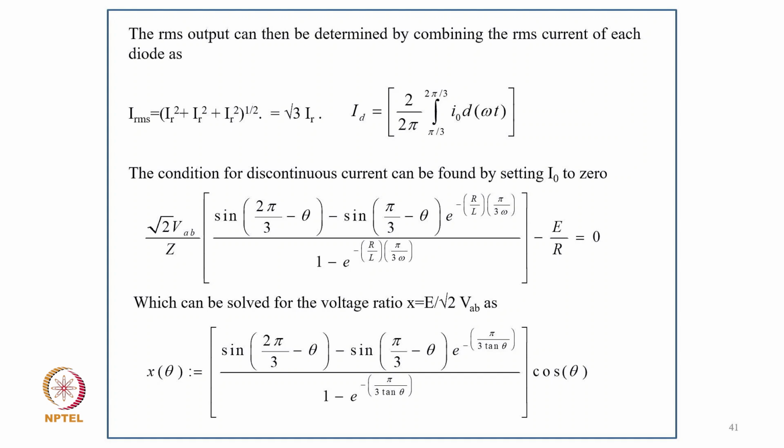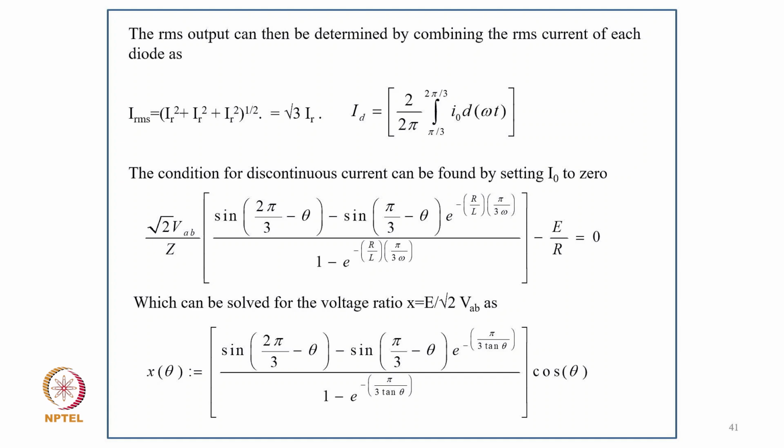The condition for discontinuous current can be found out by setting I0 equal to 0, that is root 2 VAB upon Z (sin(2 pi by 3 minus theta) minus sin(pi by 3 minus theta) e to the power minus (R/L)(pi by 3 omega)) divided by (1 minus e to the power minus (R/L)(pi by 3 omega)) minus E upon R equal to 0, which can be solved for the voltage ratio x equal to E upon root 2 VAB.